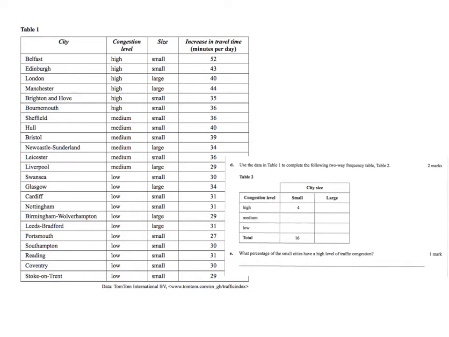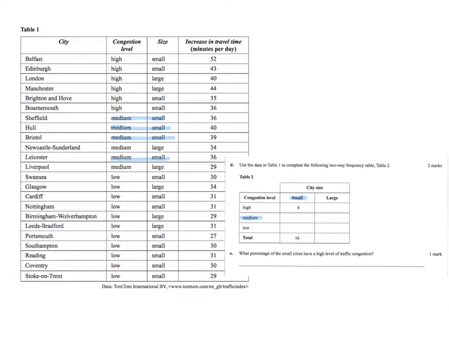So of the small cars, I'm going to count them. So if you go down, here's the size of the car. So I'm going through the small and I'm trying to find medium and small. There's 1, 2, 3, 4.